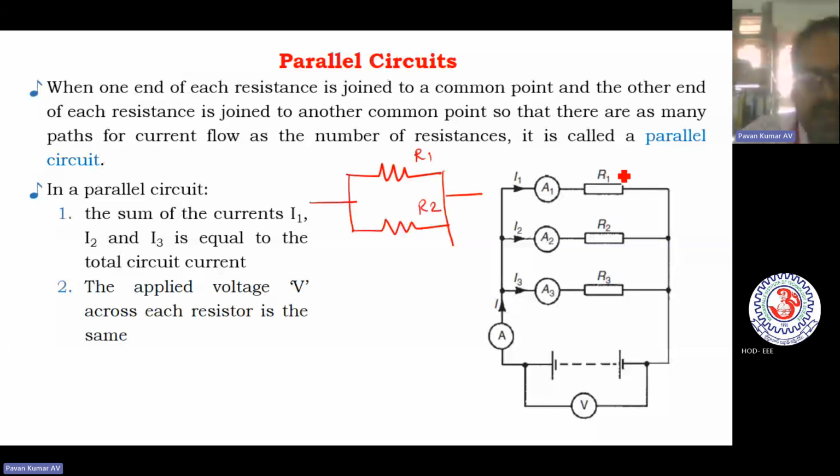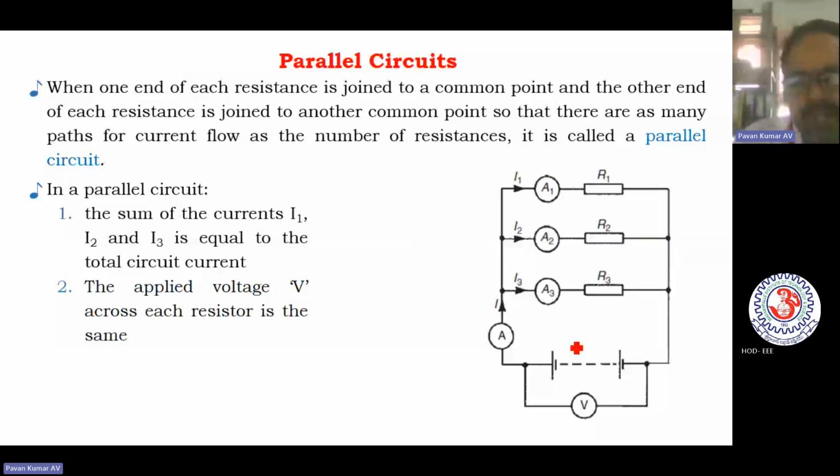Here, as we can see, R1, R2, R3, the three are connected in parallel across a voltage source. The first property of parallel circuit: because there is no element existing on this side, the applied voltage is the same across all the resistances.